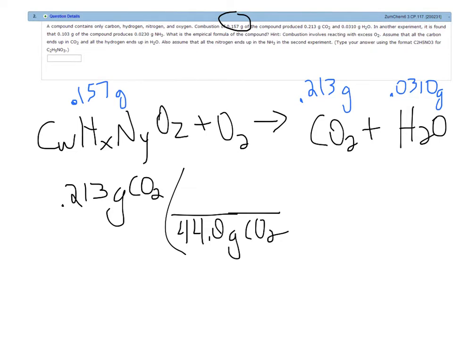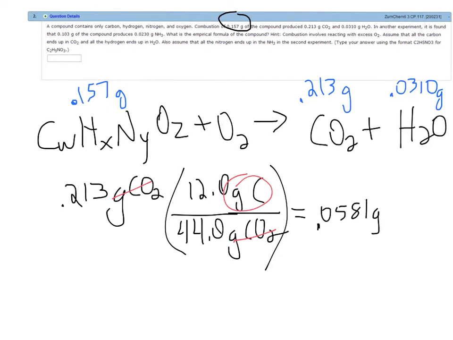And contributing to that 44 was 12 grams of carbon. So to get mass percent, take 12 over 44. So 0.213 grams of CO2 gives us the mass of carbon that's produced. So 0.0581 grams of carbon.